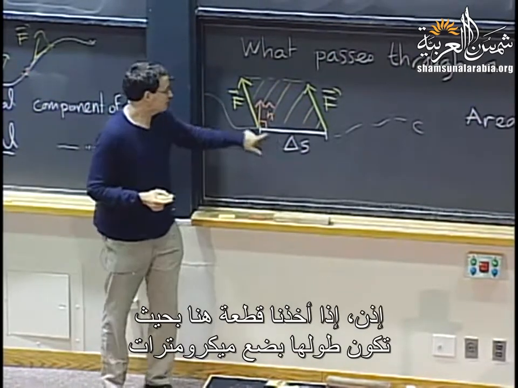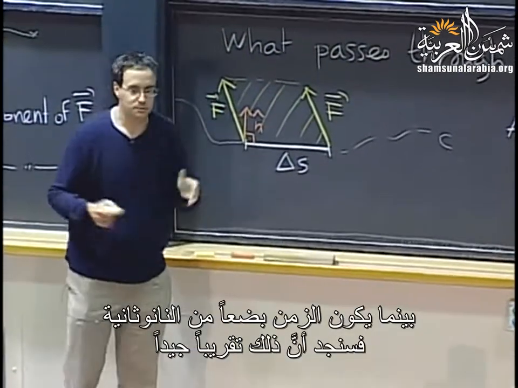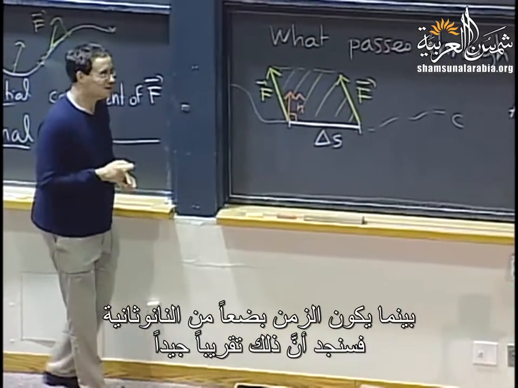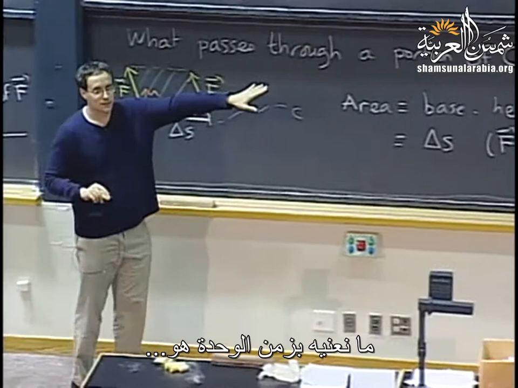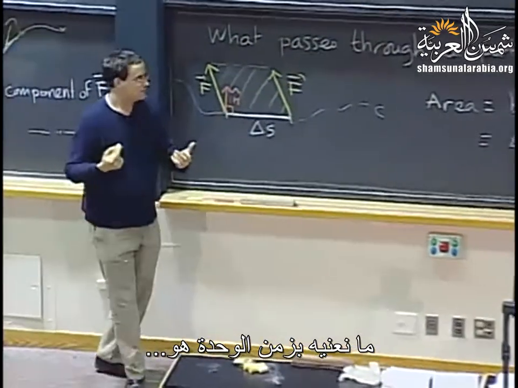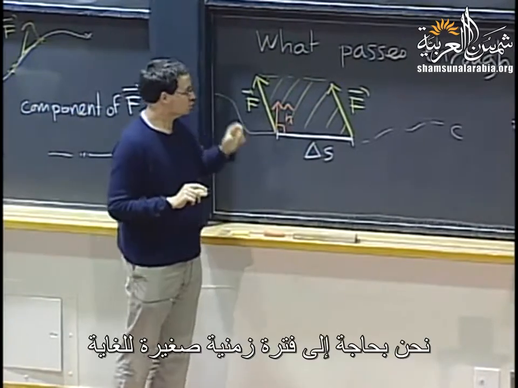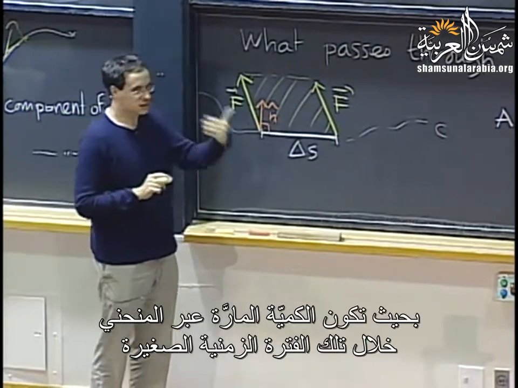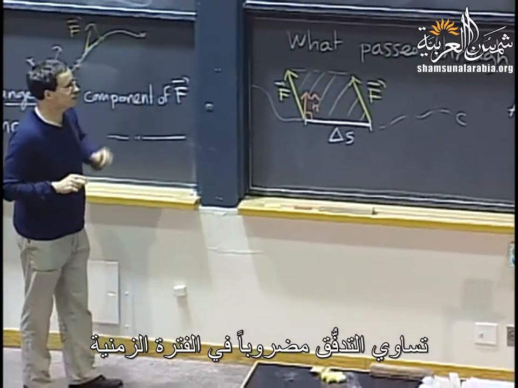You want to take maybe a segment that's a few micrometers, and the time unit might be a few nanoseconds, and then it's a good approximation. So you want to think of a really, really small time, and the amount of matter that passes in that really small time is the flux times the amount of time.